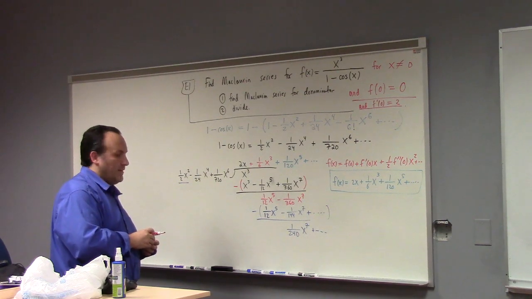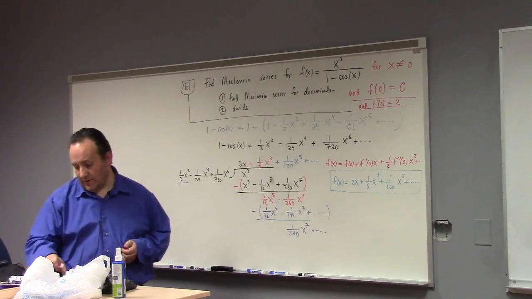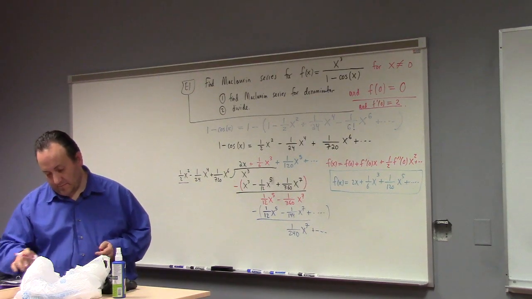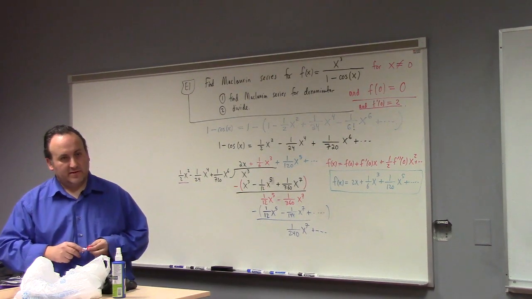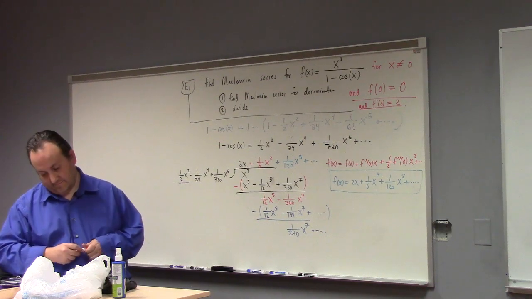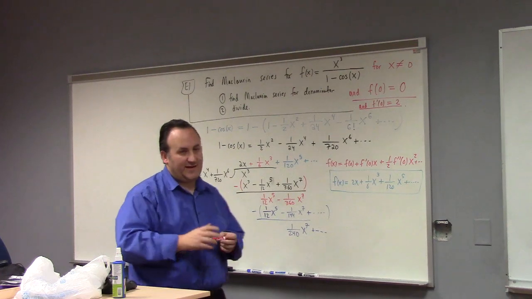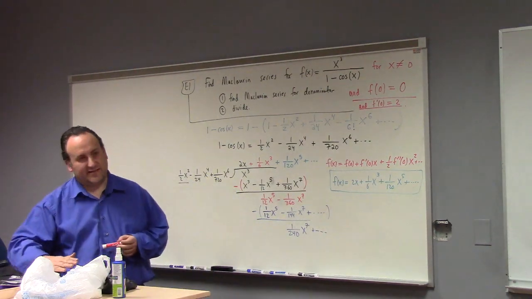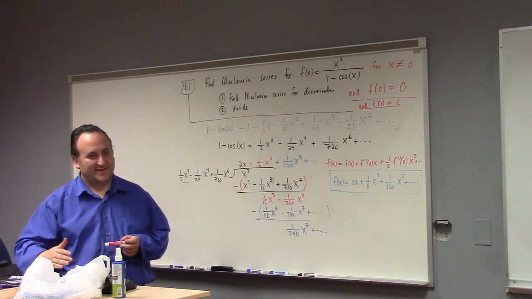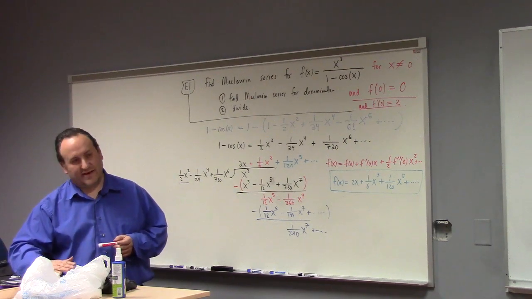But I think the problem 101 suffers from the same fate, right? If you plug in 0, what happens? You get 0 over 0. Except what did I say in 101 that I neglected to read as I was making this example up for you today? I said f of 0 equals 0.